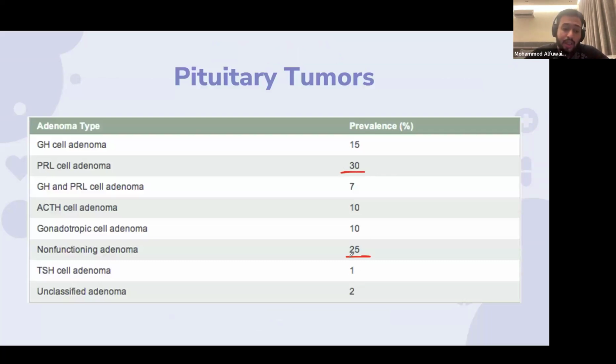The second most common is non-functioning. Then you have the growth hormone secreting adenoma. The most common combination is growth hormone and prolactin. This is the most important thing. Now, gonadotropic, ACTH, and TSH secreting adenomas are very rare. We'll talk about these slightly later on.